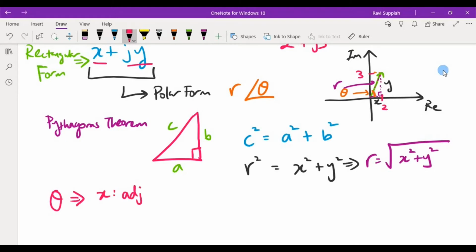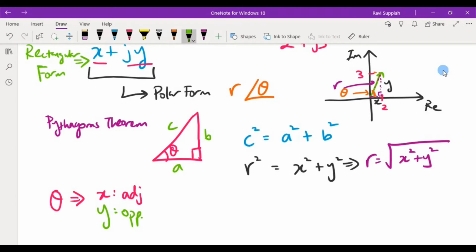These are all referenced with our right angle. So if I put theta over here, A is the adjacent. So for this theta, x is the adjacent, and y is the opposite. In this case, B is the opposite.